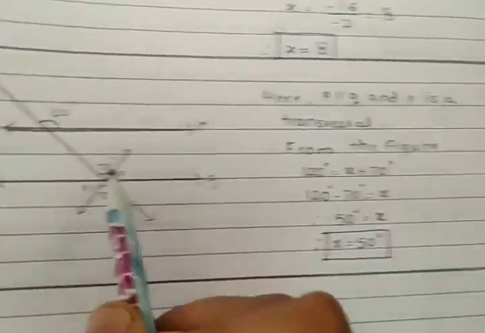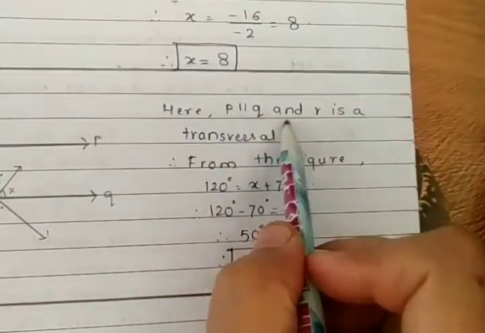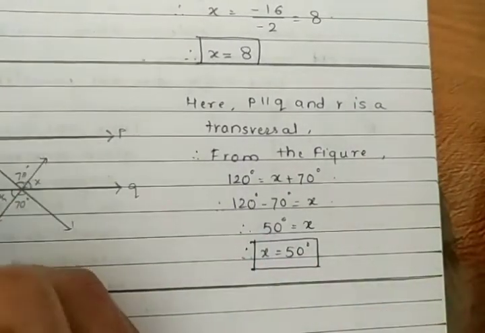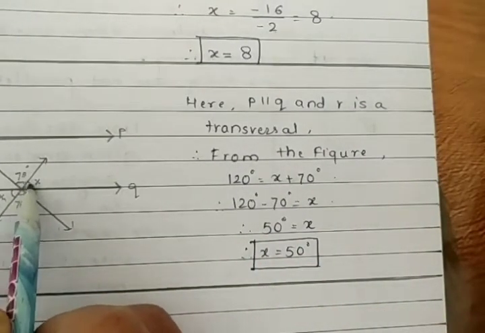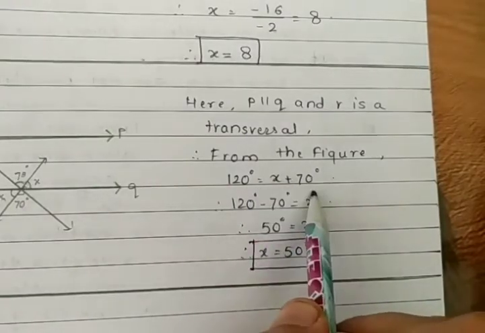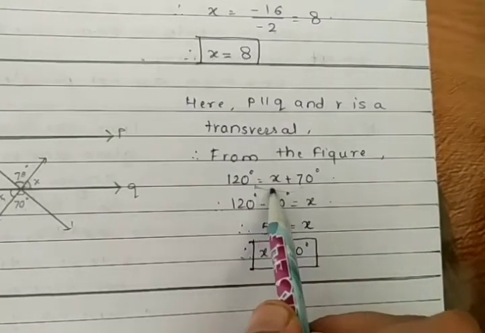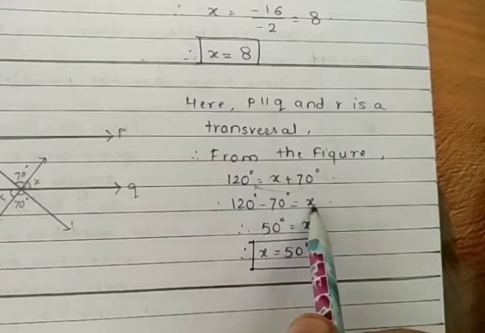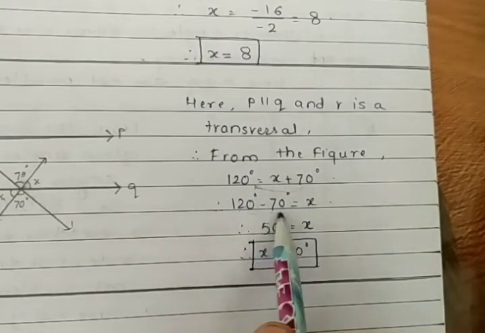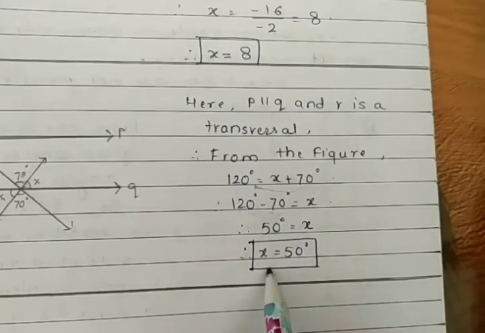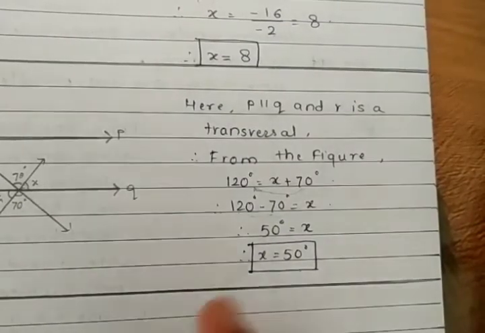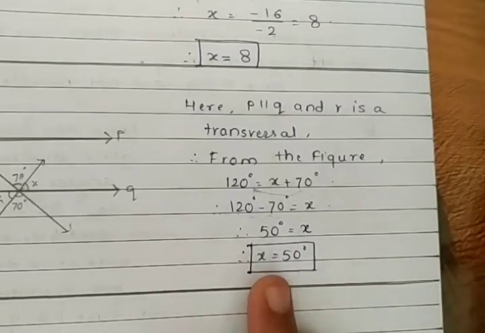So from the figure, 120 is equal to 70 plus x, or x plus 70. So we can transpose this 70. So 120 minus 70 is equal to x, right? This x will remain as it is. We'll subtract these two, and we get x is equal to 50. So anyhow you can find out the value of x.